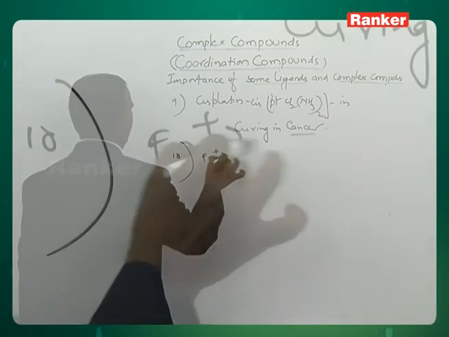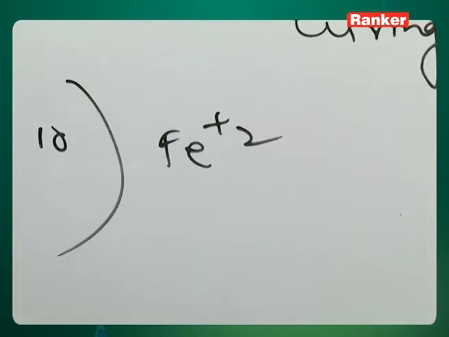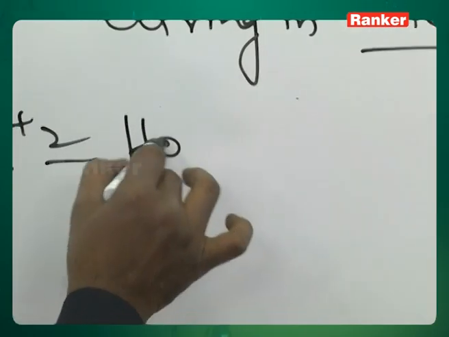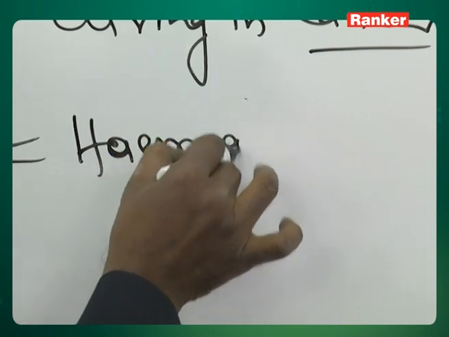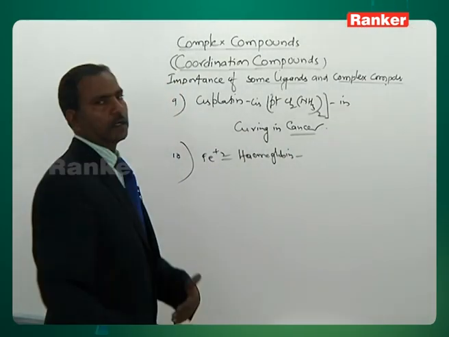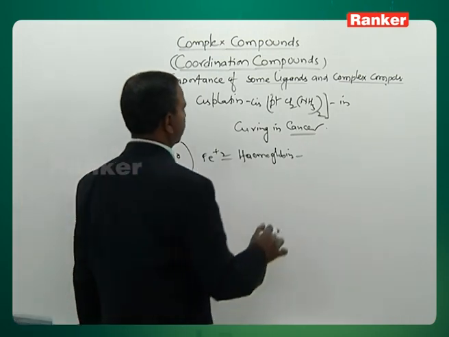You know well, the iron 2+ complex is hemoglobin, which is involved in the transport of oxygen in our body.